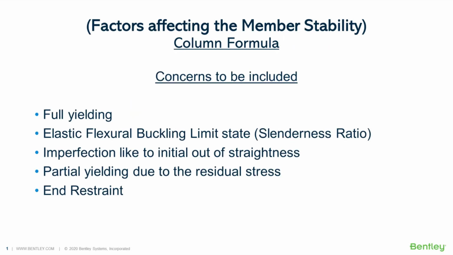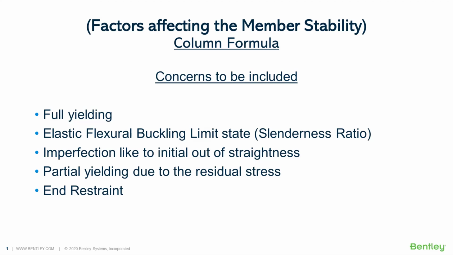So let's see the factors that affect the member stability. The column curve has been developed that has the factors and concerns included. They are like yield limit, buckling limit state based on the length, imperfection due to the initial out of straightness, partial yielding accentuated by the residual stress, and the restraint conditions.